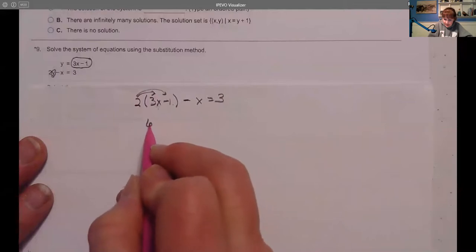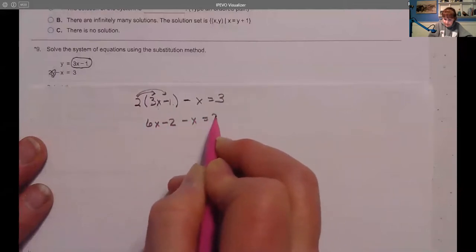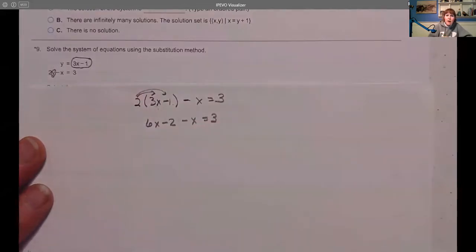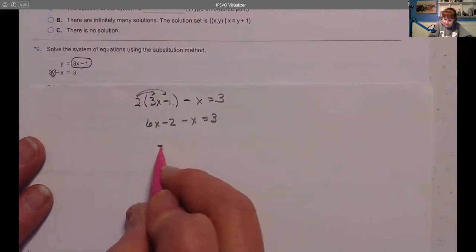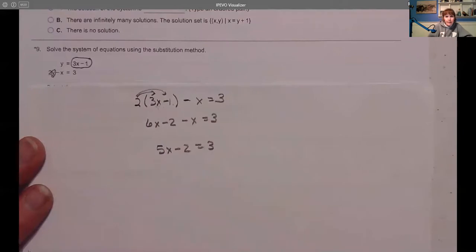So we get 6x minus 2. We're still working on the left side of the equation. Combining like terms, 6x and a minus 1x is 5x. And that's all I can do as far as simplifying.